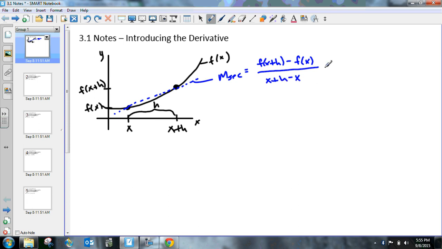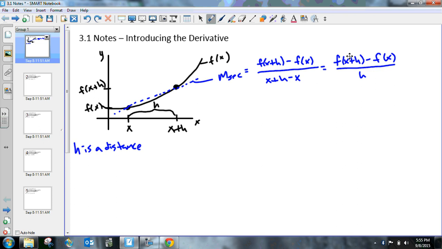Okay, and so then this ends up giving me f of x plus h minus f of x all over h, because x minus x, these cancel out, and so you're just left with this. Now this will generate the slope of your secant line given whatever h is. Okay, remember h is a distance.